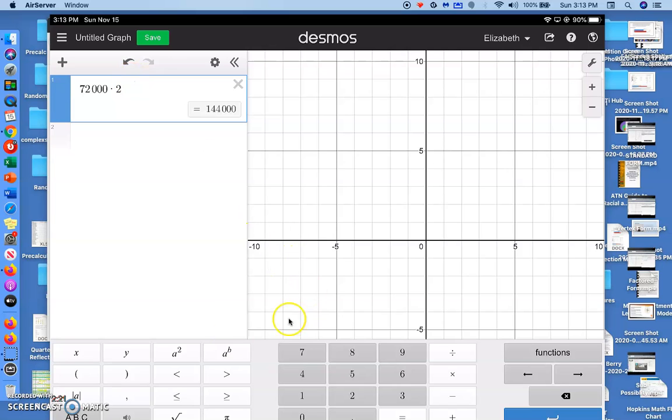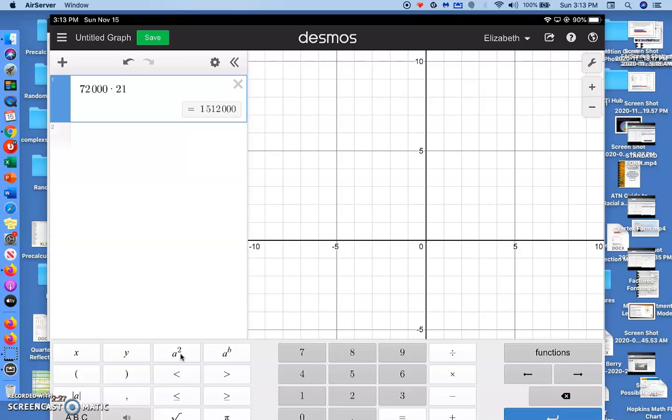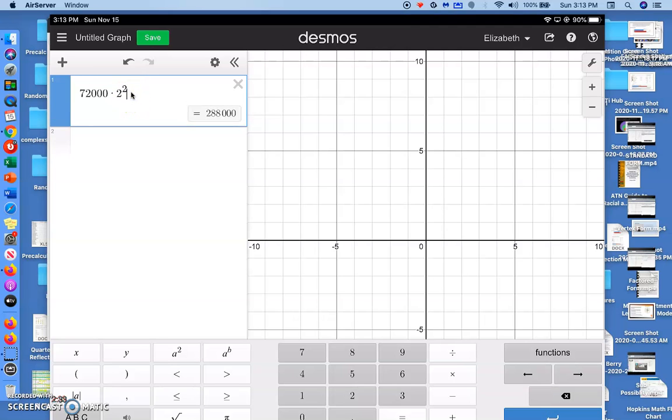So to the power of 17, and that did not go into the power. I'm having trouble here. You have to put everything in parentheses to keep it in an exponent. So 17 divided by 10.